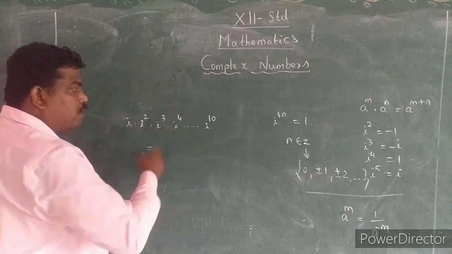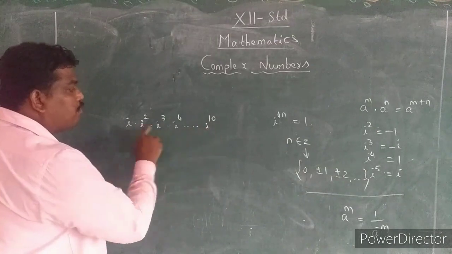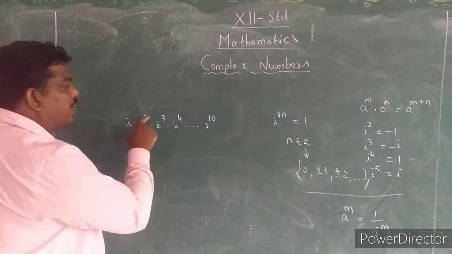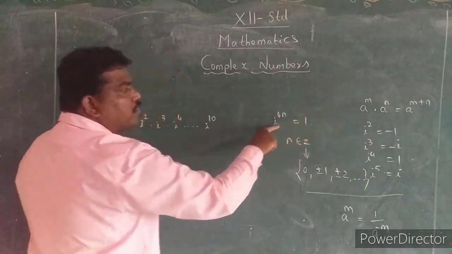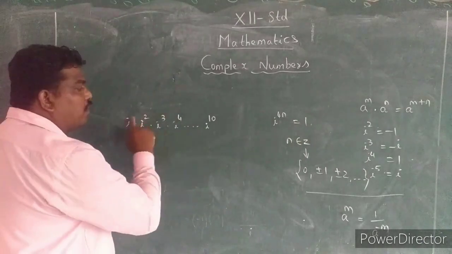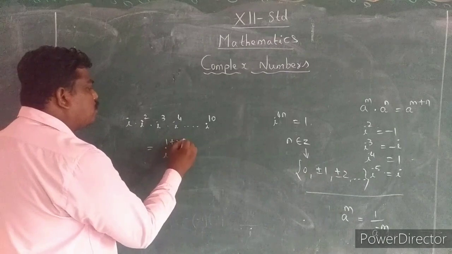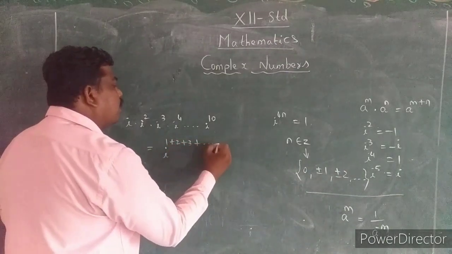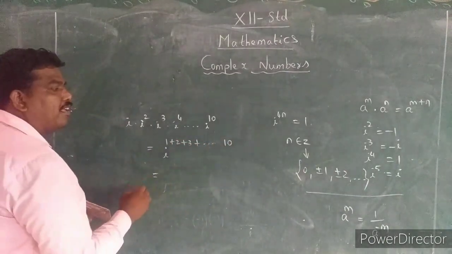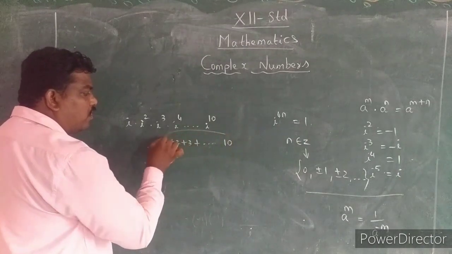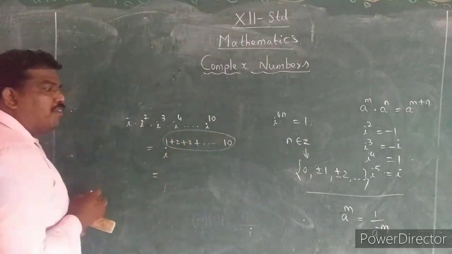If they are expressed in multiplication and the bases are the same, you can add the powers. So simply I write it as 1 plus 2 plus 3 plus etc. up to 10. And you just observe, here we have an AP formula.